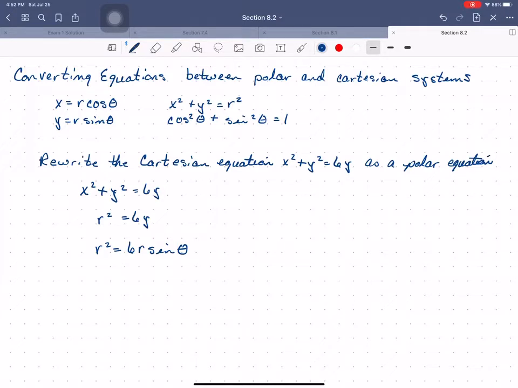Now we're not done yet. Polar equations always are written in the form r equals. So what we're going to do is pull everything to the left-hand side. So we end up with r squared minus 6r sine theta equals 0. Factor out an r.